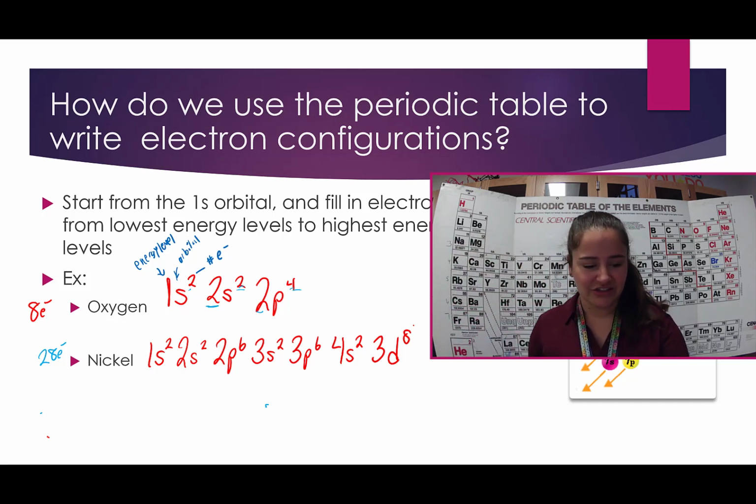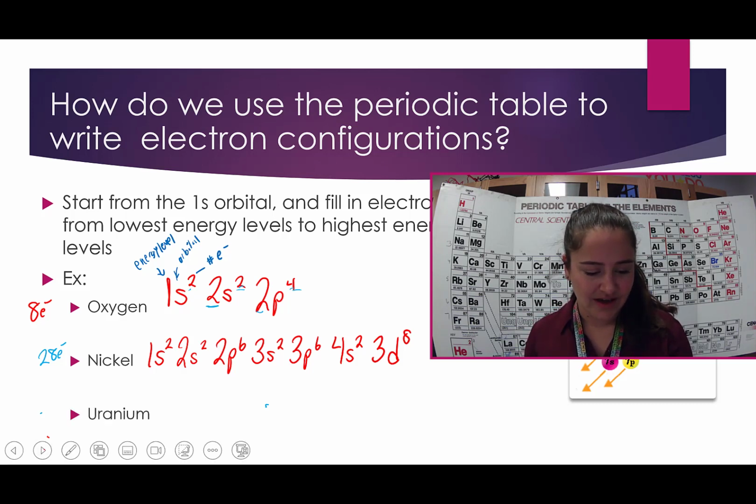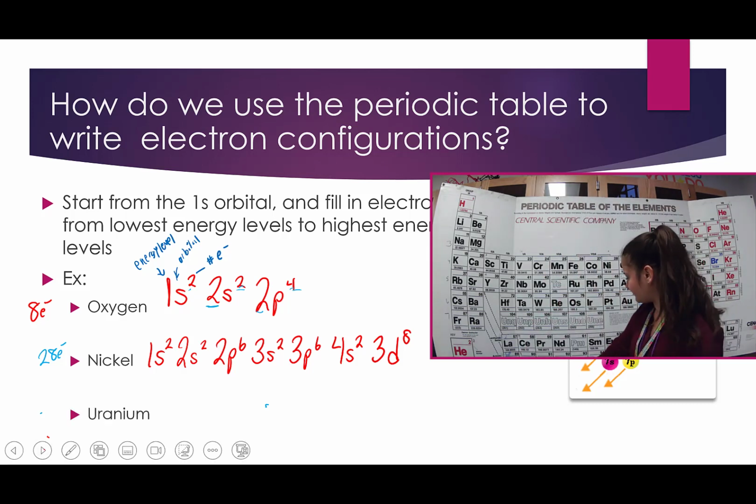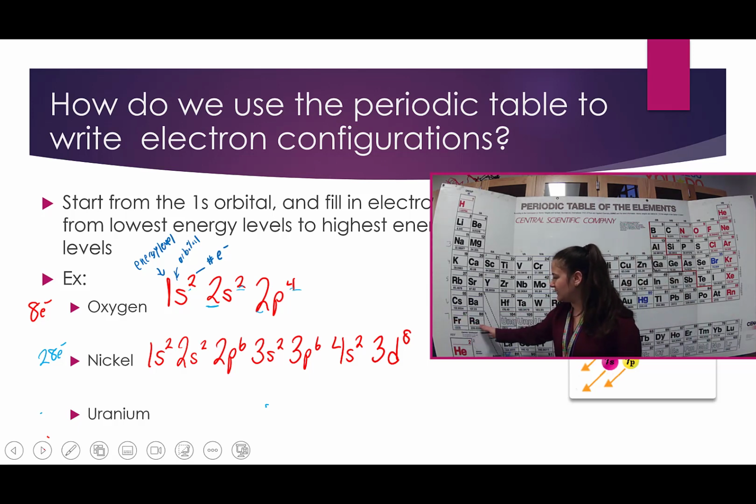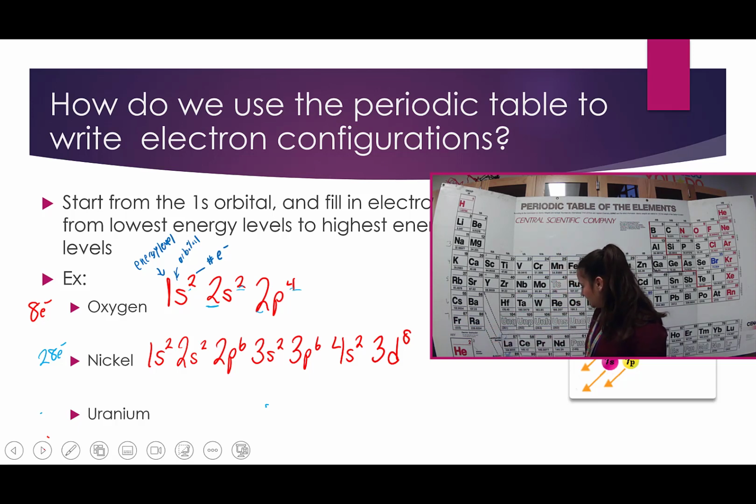Okay, so let's try one of those. We're going to do uranium. Down here, number 92, all the way in the 7th row. So that would be the 5f4 or 5f3 position, depending on who you talk to.